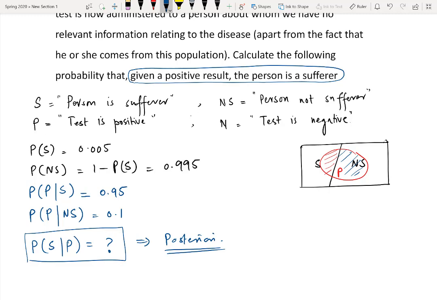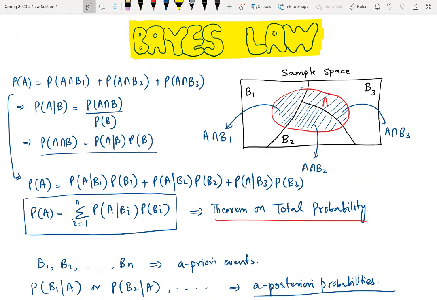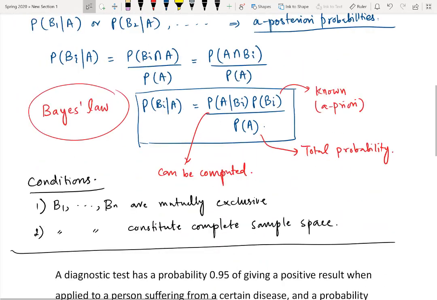You can directly map this Venn diagram and this Venn diagram, and you can directly compare. So instead of B1, B2 and B3, in that problem we have S and NS, and in place of this event A, we have the event P, that the test result is positive.